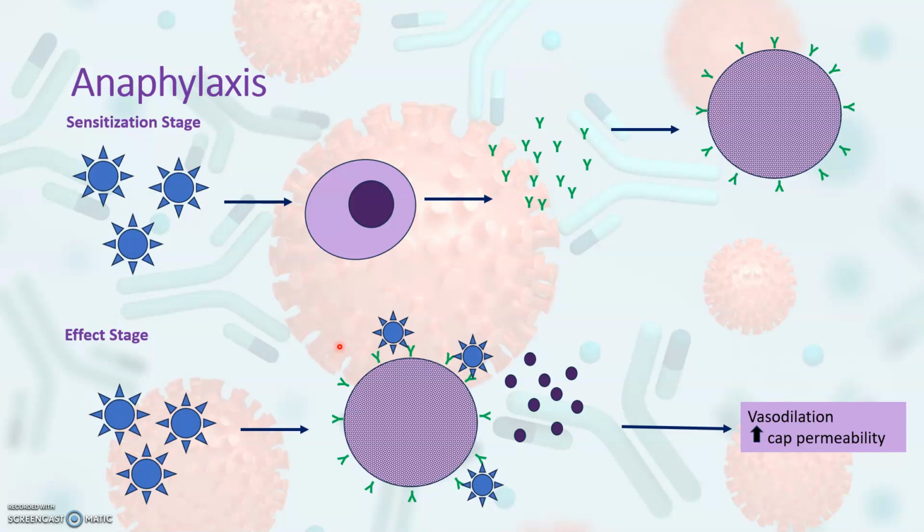The treatment for anaphylaxis is really the treatment for any acute hypersensitivity reaction, including the use of adrenaline, antihistamines, both H1 and H2 blockers, and steroids, and of course appropriate resuscitation.